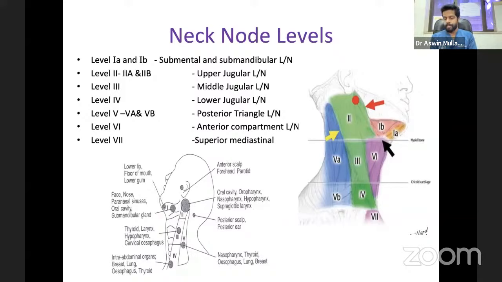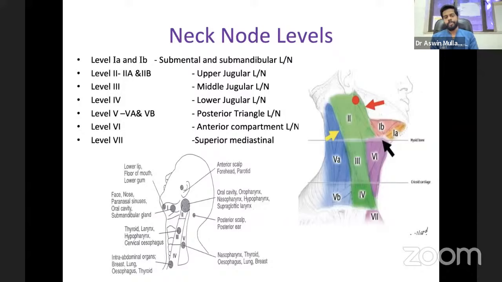It will be a little firm, or it can be fixed to the underlying structure. Suppose in the submandibular triangle the node is metastatic, or we can say the node has an extracapsular spread, it will be fixed to the underlying structures, most commonly the mandible and digastric.